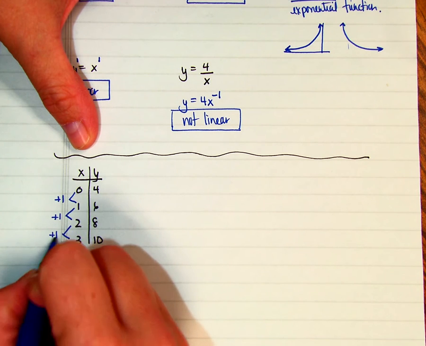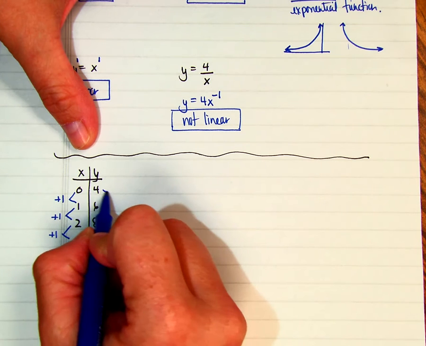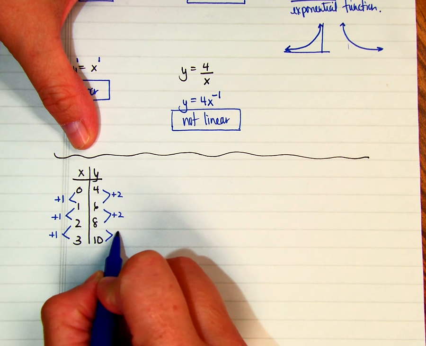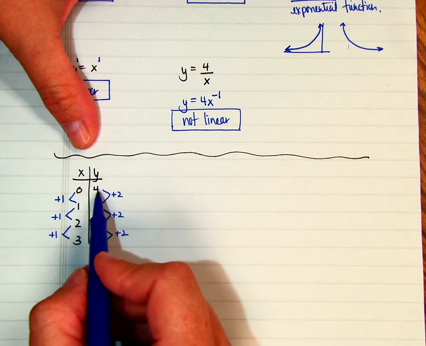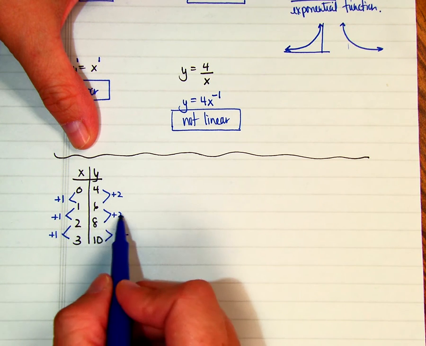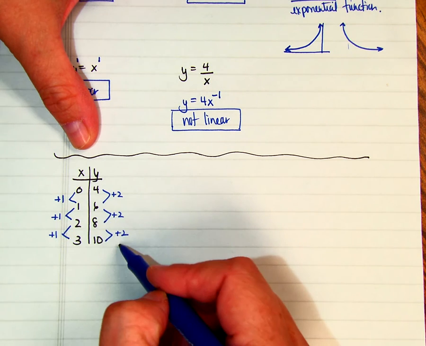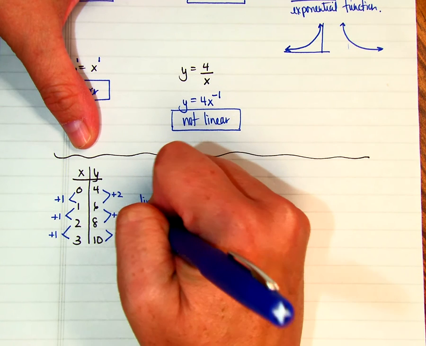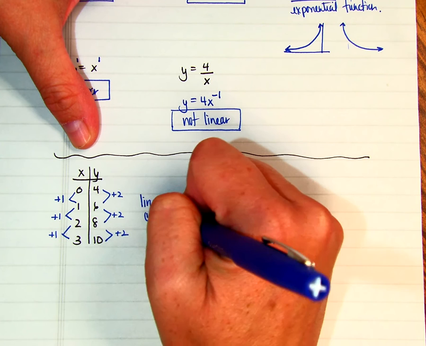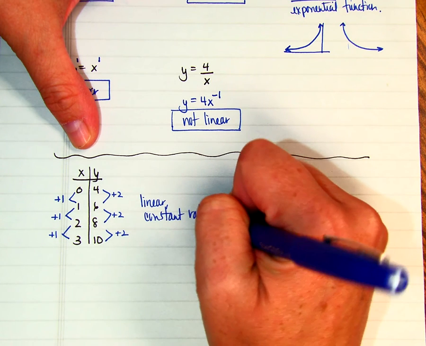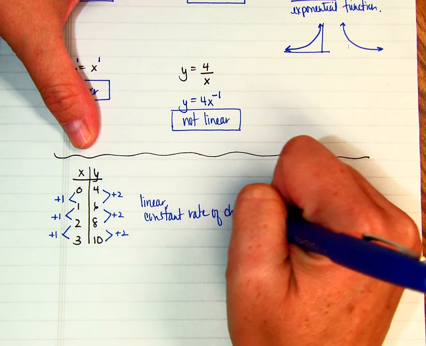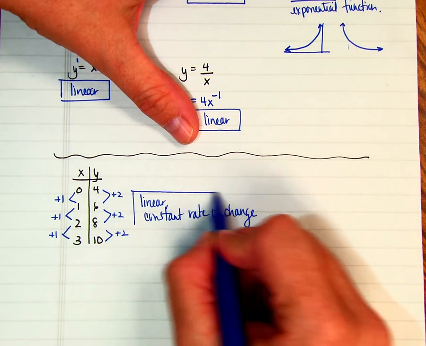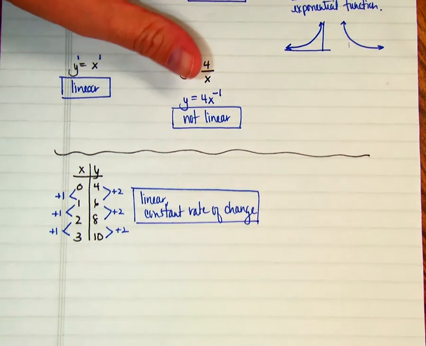And this goes up 1. This goes up 2, and up 2. So from 4 to 6, we went positive 2, up 2, up 2. Everything is constant. This is linear because it has a constant rate of change. We will talk more about rate of change and slope next unit. Okay, so that is linear.